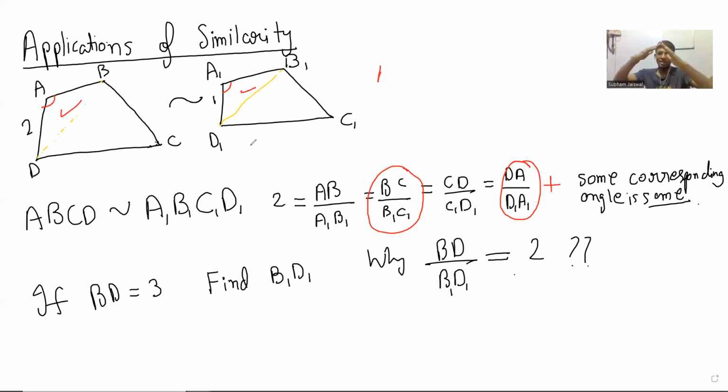Common angle is equal and the ratio of the sides is proportional. So it is similar. If you feel that BD is equal to B1D1, you have to say it from some theorem or using something basic. So you have to see it as part of some triangle. That's your only way.